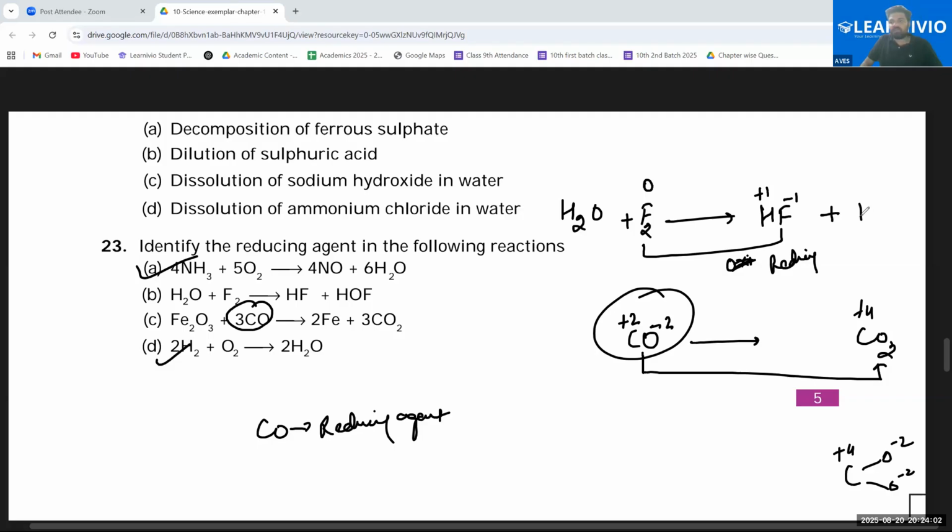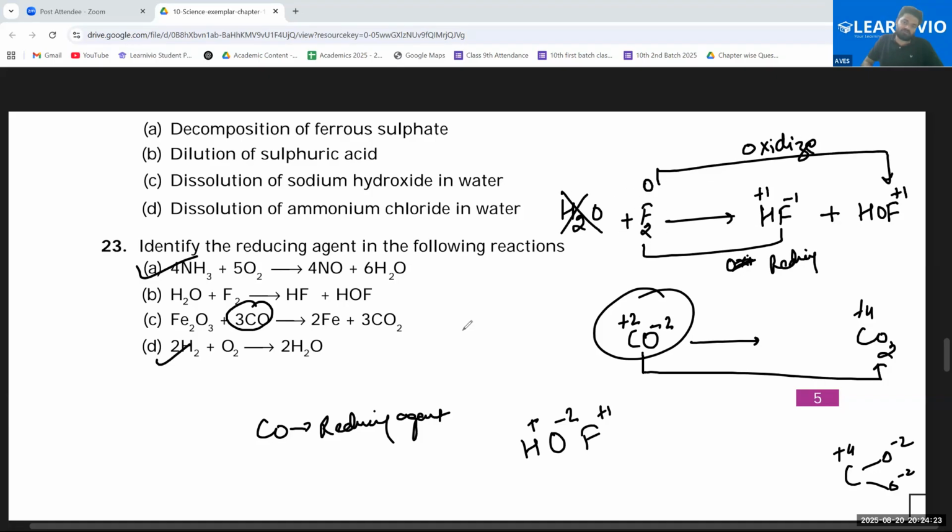And if I'm talking about HOF, since oxygen can have maximum -2 oxidation state and hydrogen is +1, F will have +1 here. The same substance here is oxidized. So F2 is oxidizing as well as reducing agent both.